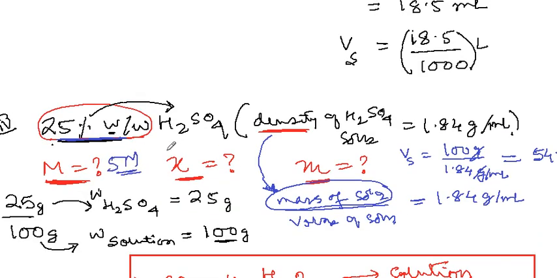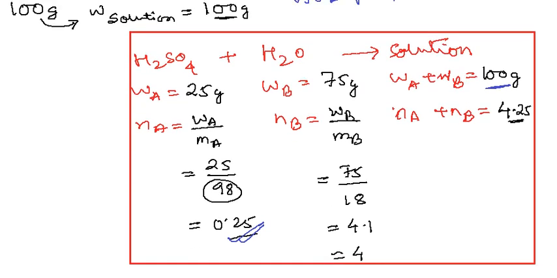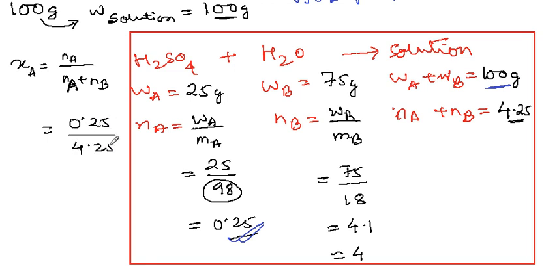And if we want it for the mole fraction, we can just rely on this table. Let's say we have a mole fraction of sulfuric acid, that is the number of moles of the sulfuric acid out of the total. The number of moles of sulfuric acid is 0.25, and the total is 4.25.